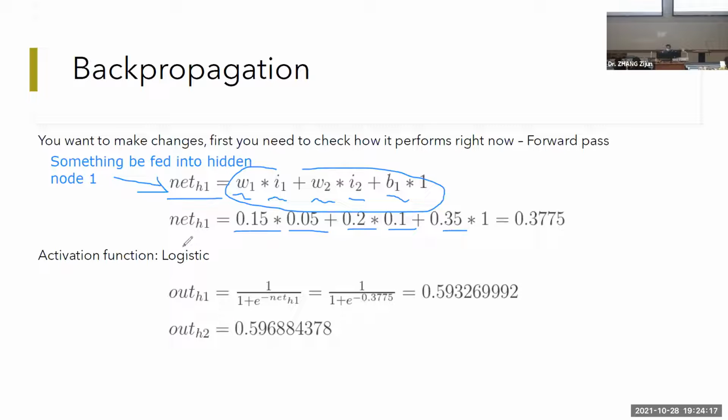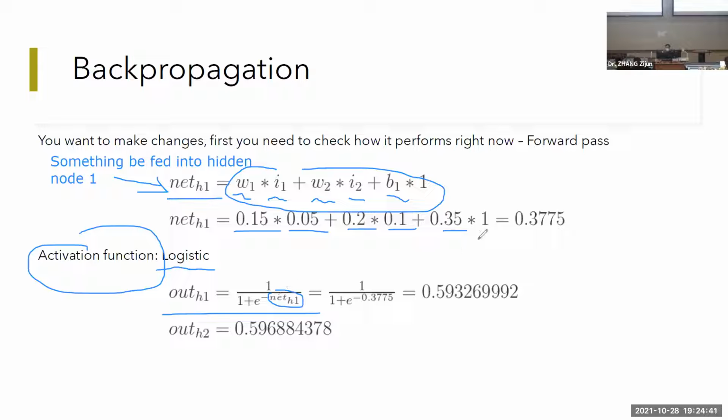Let's consider the activation function at the hidden node 1 is logistic or sigmoid. Okay. So its form is equal to 1 over 1 plus exponential to the negative value of its input.